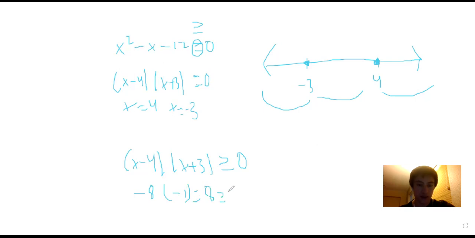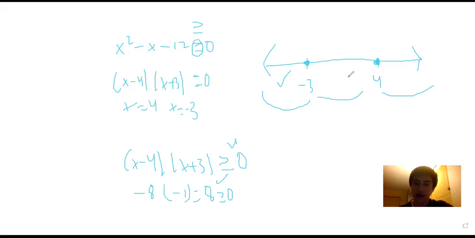And 8 is greater than or equal to 0, so that is a true statement. That means any number from negative infinity to -3 would fit this statement.